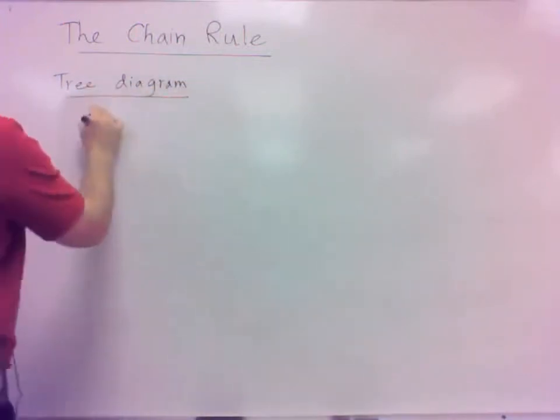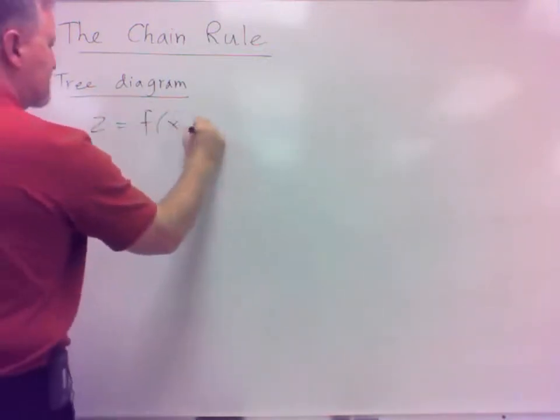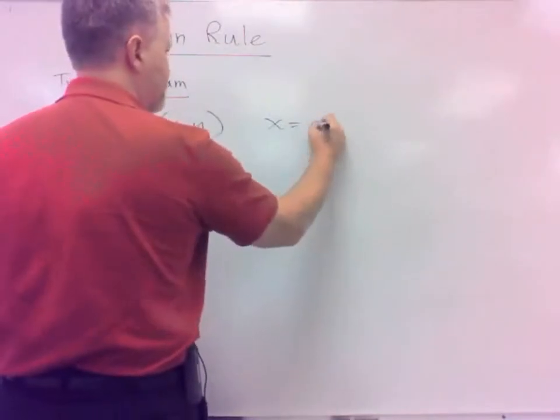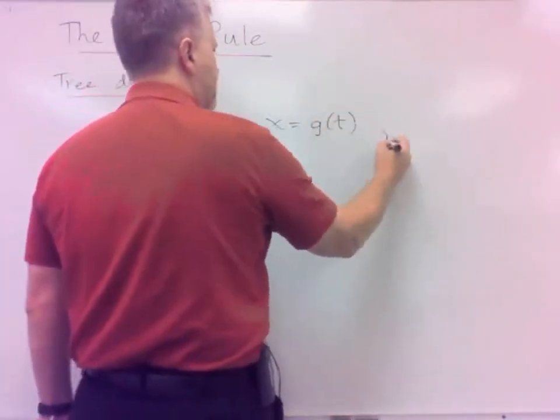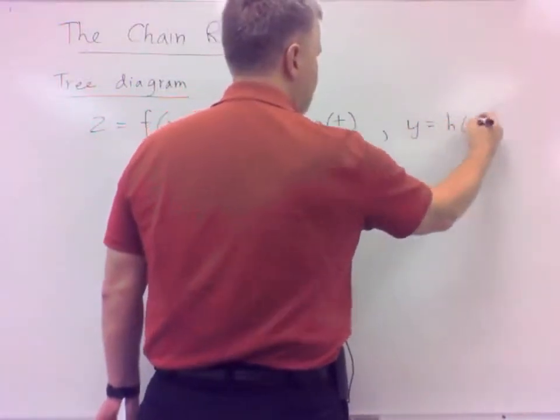All right, so if we've got z, let's go back to the first version. Z equals f of x, y. X is also a function of t. And y is a function of t. Okay.